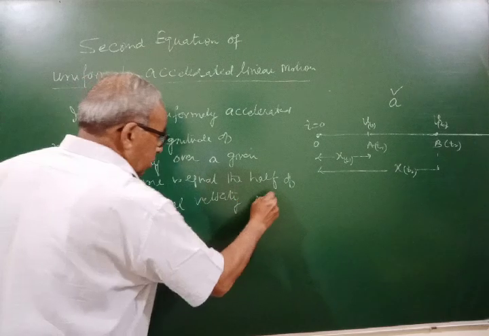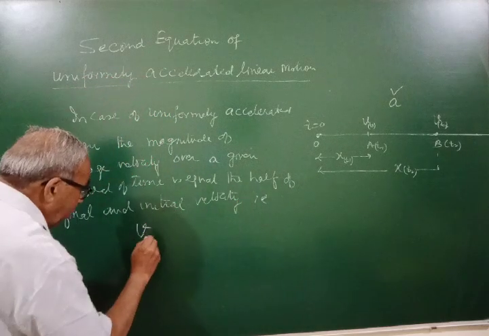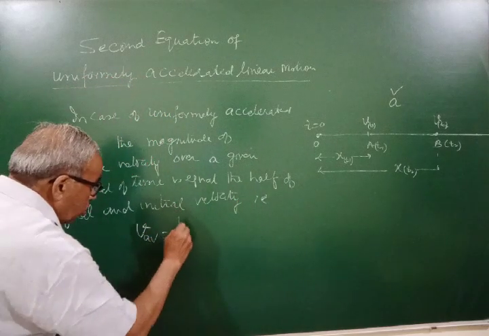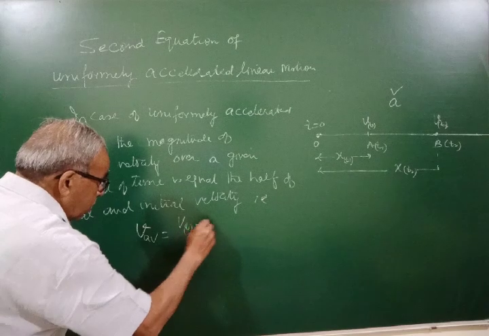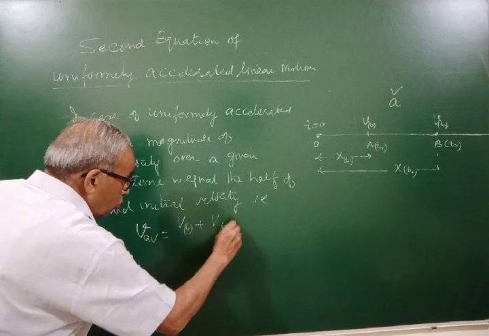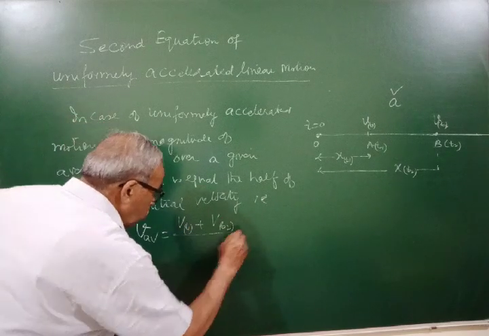That is, V average equal to (Vt1 plus Vt2) upon 2.